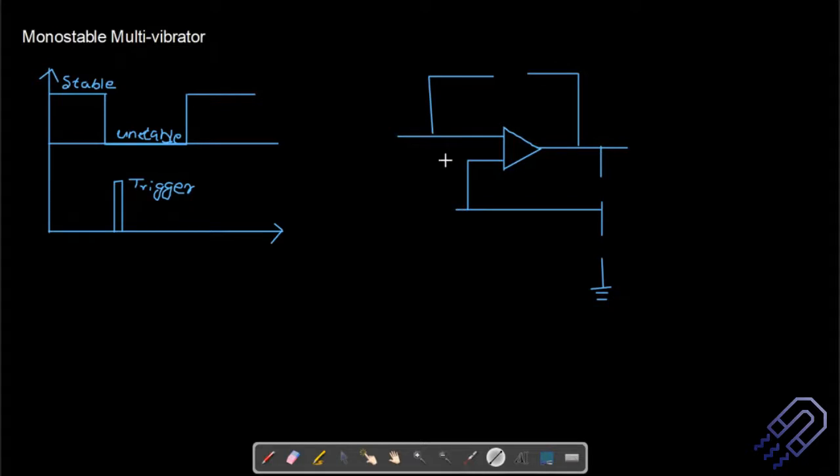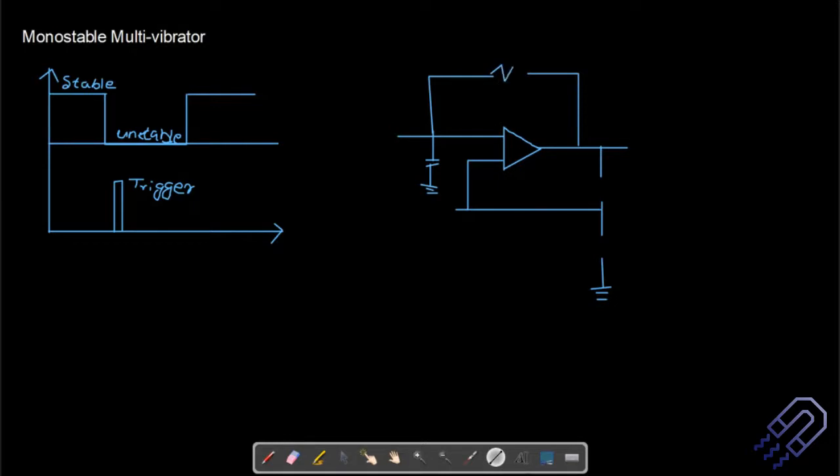In the other one we have seen that we have a capacitor connected at this particular end. In the astable multivibrator, we have a capacitor, and then you can take the output of that capacitor. So this is your astable multivibrator, and then we have certain resistors here.